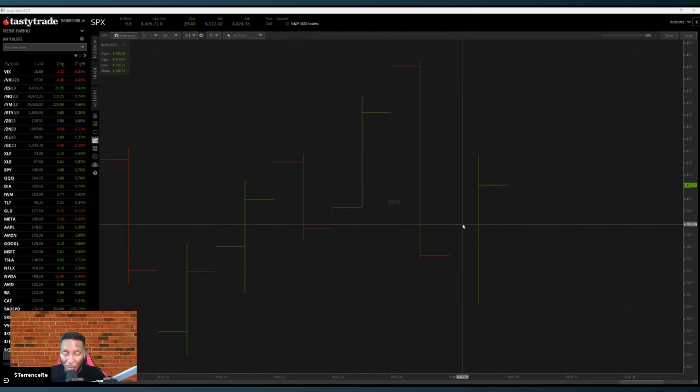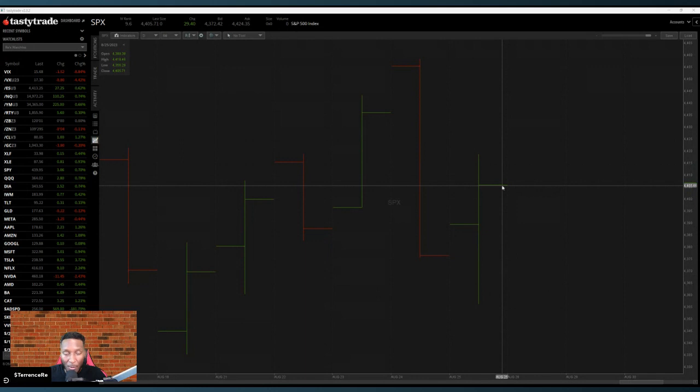So the market opened at 9:30 at 4,388.38. Right? And now you can see that it went up to the top, and down to the bottom. And it closed over here. So this line to the right of this center, this is where it closed. So you got your open, your high, your low, and then you got your close.